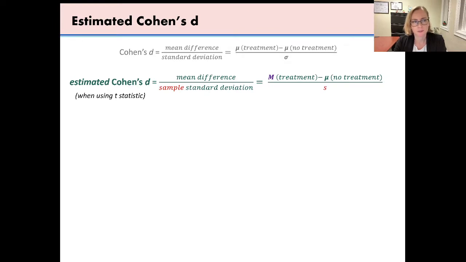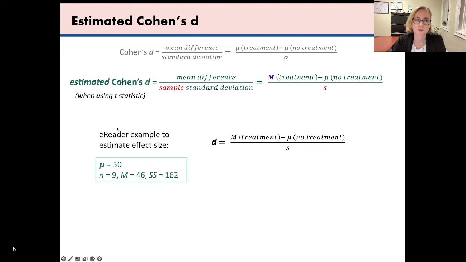How much are they deviating from the baseline, and is that significant? Is there enough of a shift? But the change with the T statistic is we are not using the population standard deviation, we are using the sample standard deviation. So we do not have the population standard deviation, right? That's the whole point of going into the T statistic, is we do not have that population parameter. So here we're going to be using our data and using the sample standard deviation.